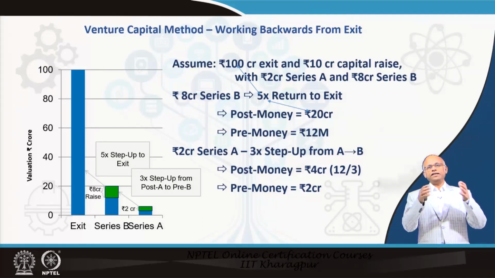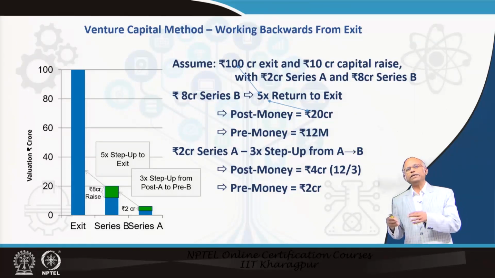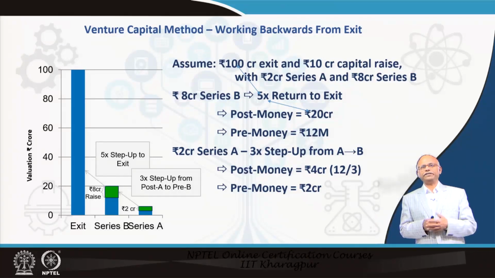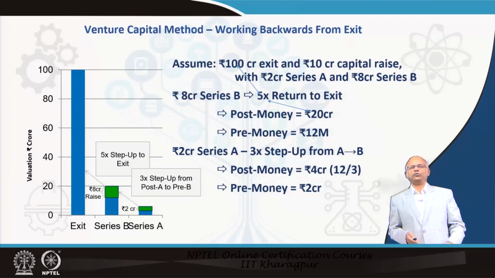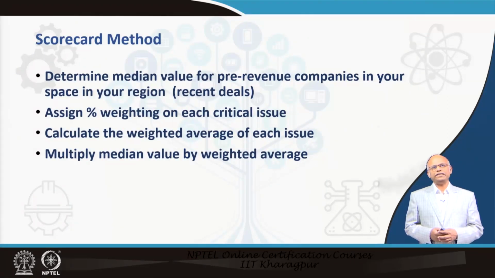So, 12 crore divided by 3x return makes 4 crore rupees, 12 by 3. That is the post money valuation of today, and pre money is 2 crore. So, post money 4 crore minus 2 crore is 2 crore. That is the whole story here.